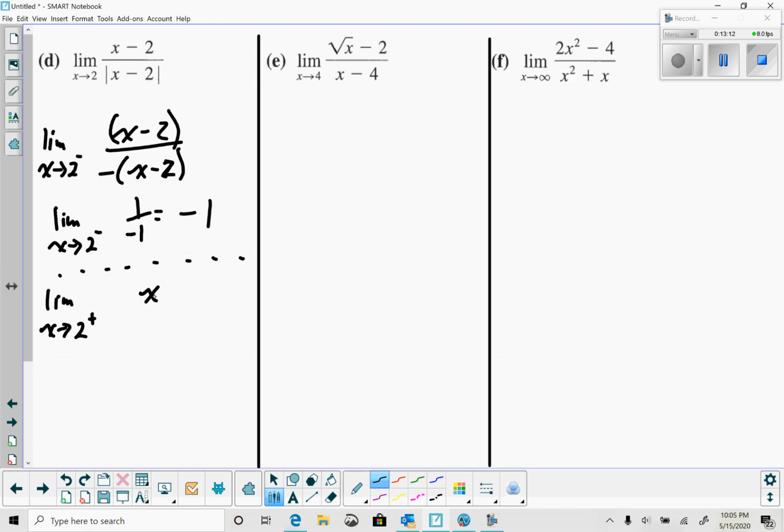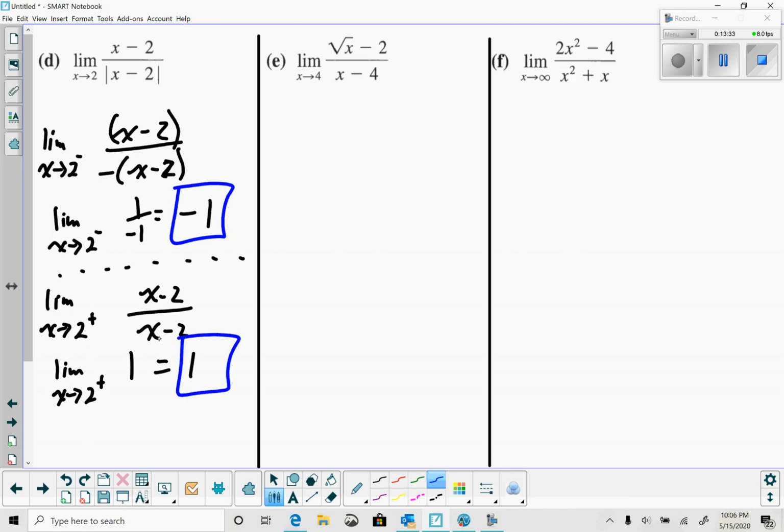So that'll be x minus 2 over the positive of x minus 2. Well, those are identical. This is the limit as x approaches 2 from the right of positive 1, which is 1. And then if we compare the left-sided limit and the right-sided limit, those don't match up. This does not exist.